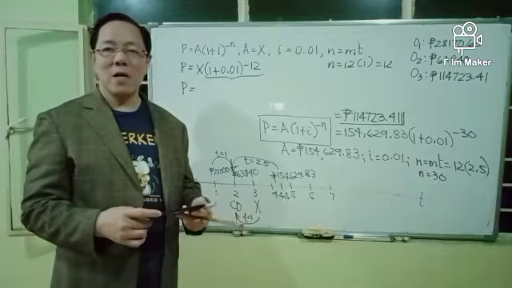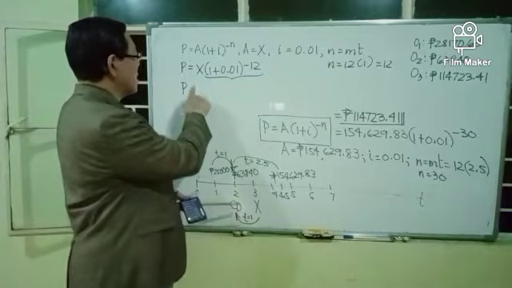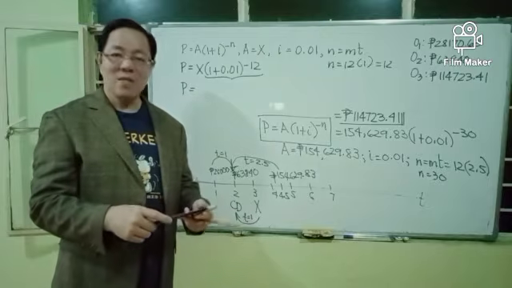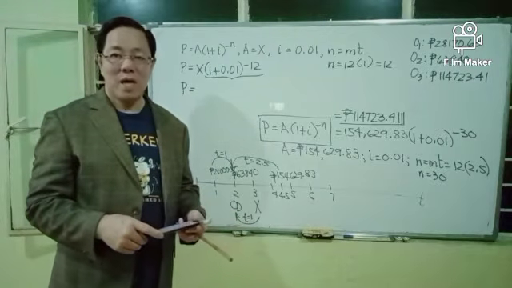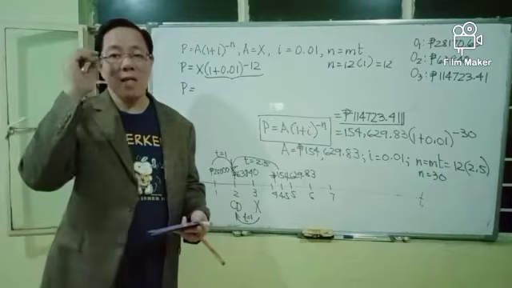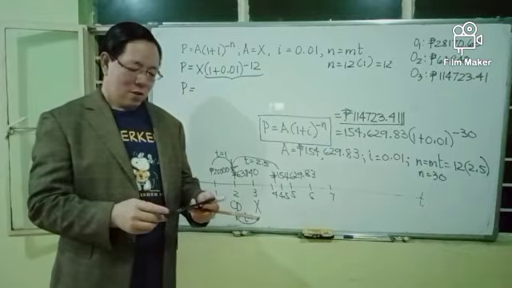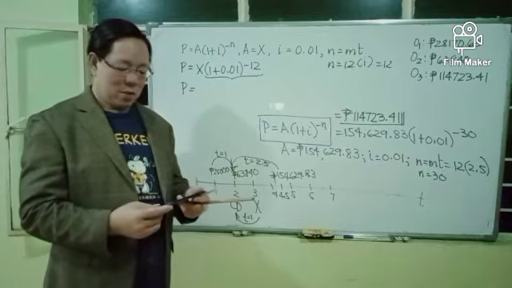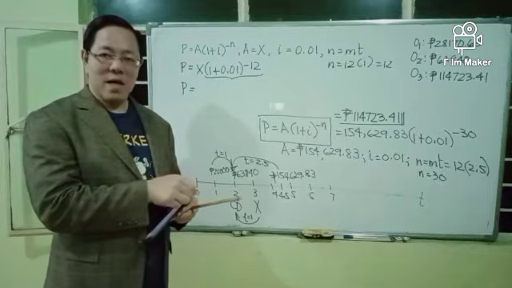And the answer in your calculator, multiply it by x. Since this is not yet the final answer because we do not know the value of x, because x is what we are actually looking for, the single payment in this problem. So we get all the decimal numbers from your calculator and multiply that by x.